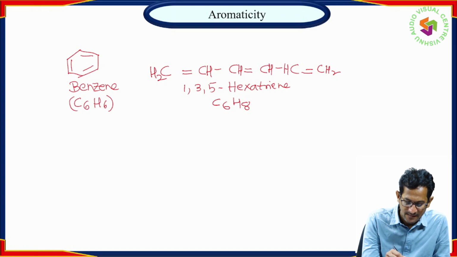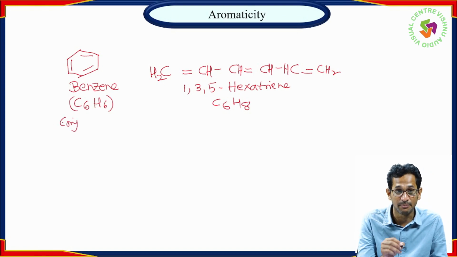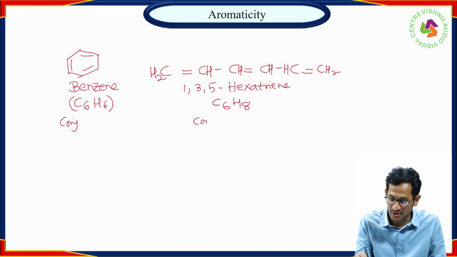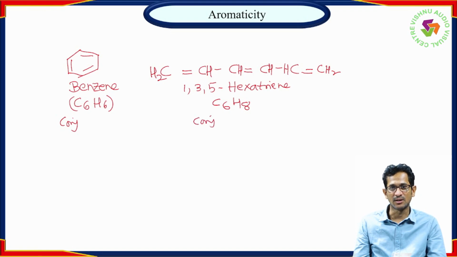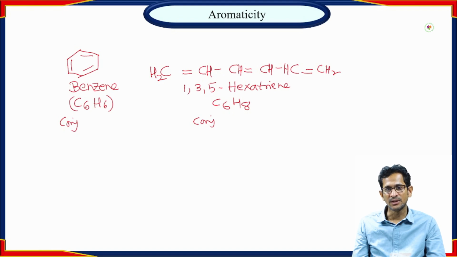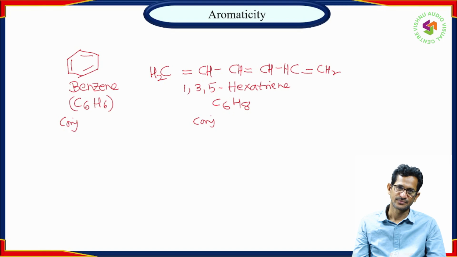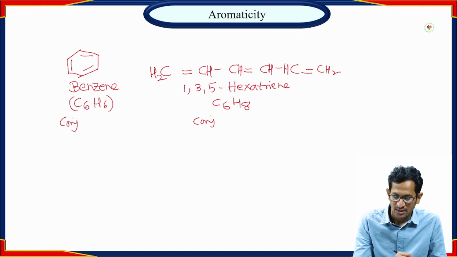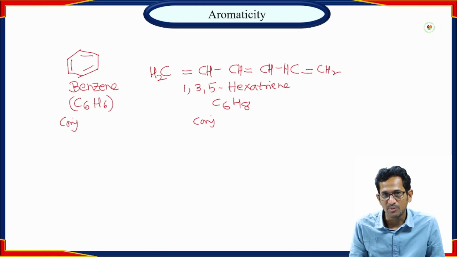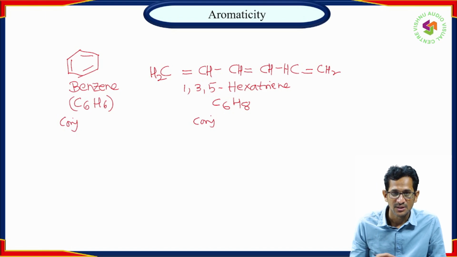Here, see, conjugation is present in this compound, like benzene. Conjugation is also present in this compound. Conjugation means alternating double bonds. Right? So now we think about delocalization.